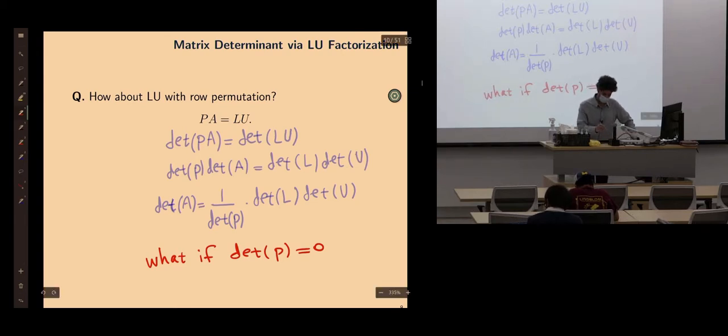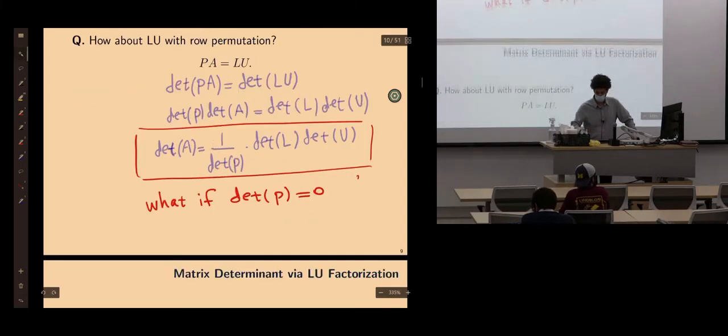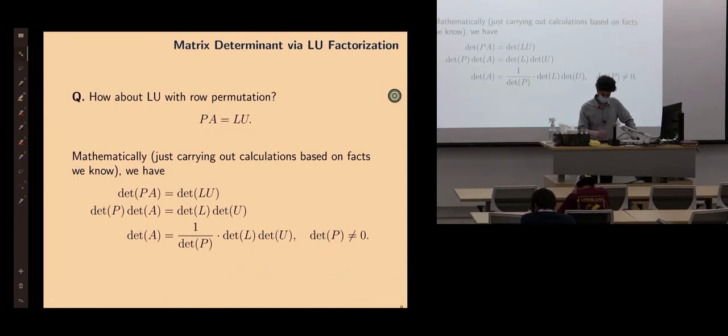Now that would be very disappointing. But fortunately, the equation is correct. There's nothing wrong with this equation, but we need to have a condition: the determinant of P to be non-zero.